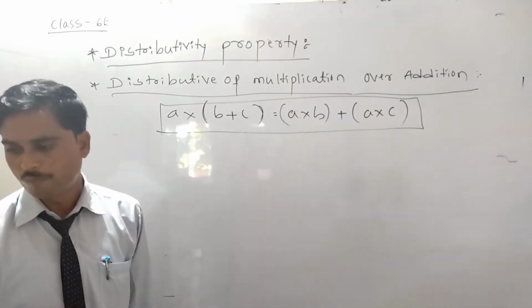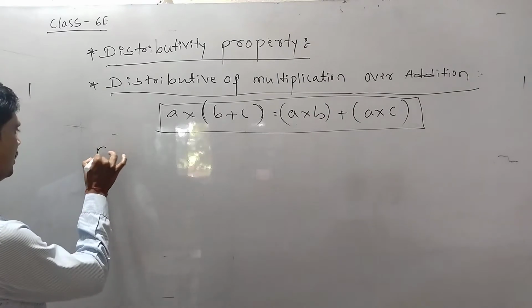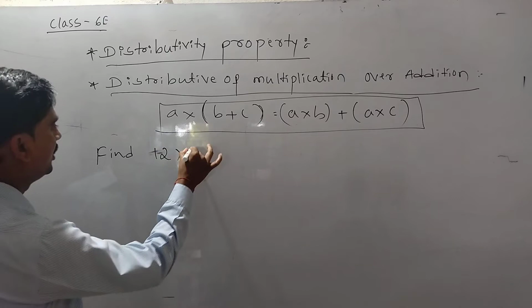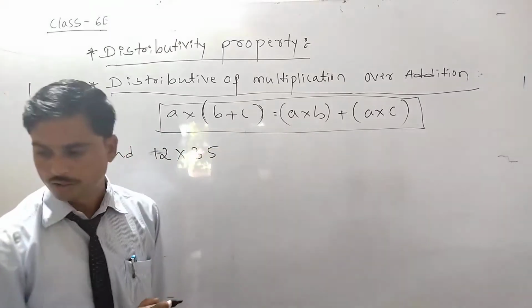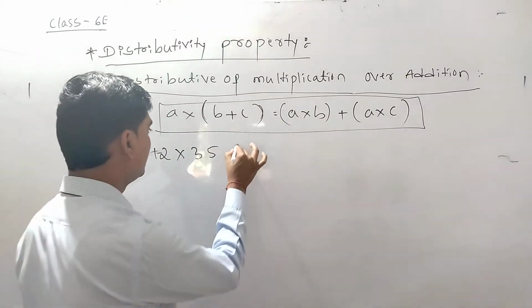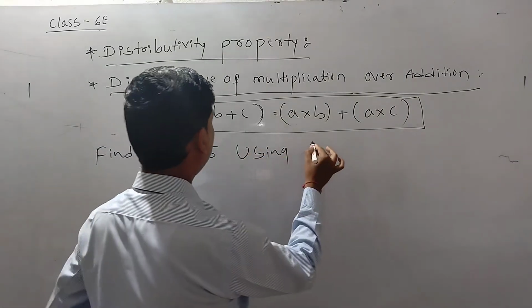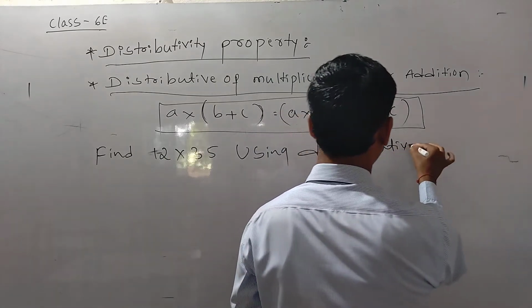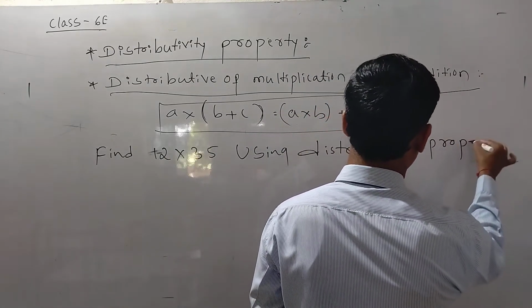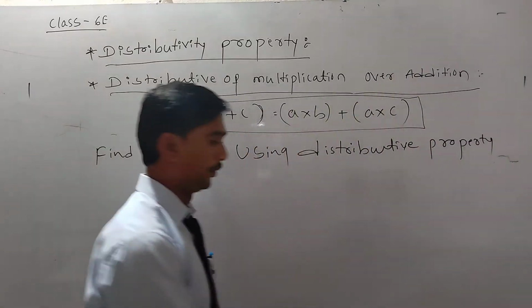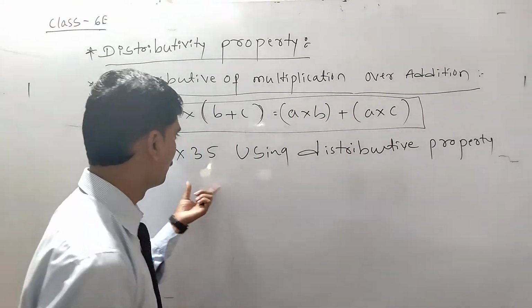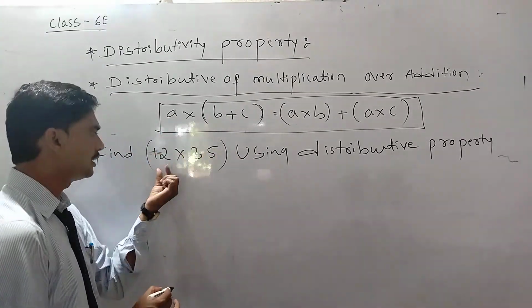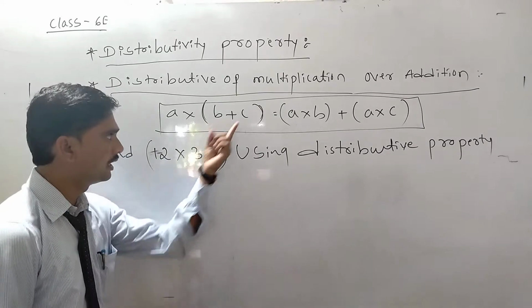One example: find 12 into 35 using distributive property. This is the given problem. Here only A is 12 and B is 35, and C is not given.